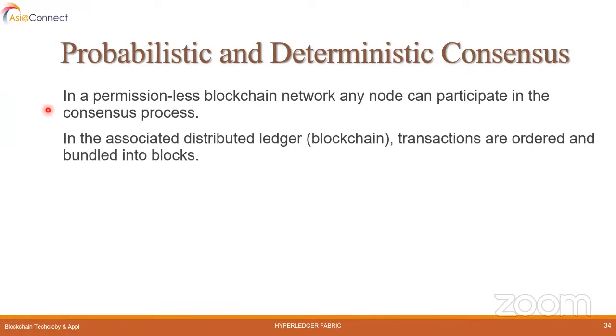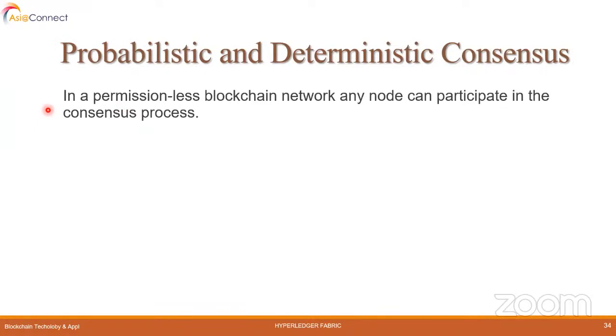Like you can start mining a block. Nobody can stop you. You can also be, in case of proof of stake, a validator. And from amongst the validators, there is a block writer, right? In case of the Ethereum proof of stake consensus mechanism.